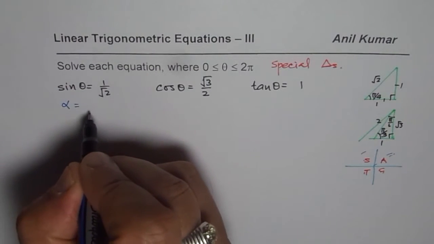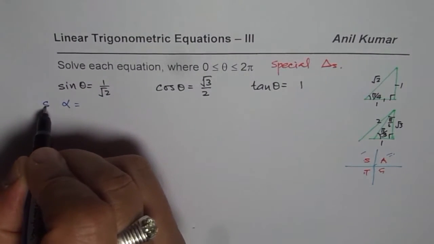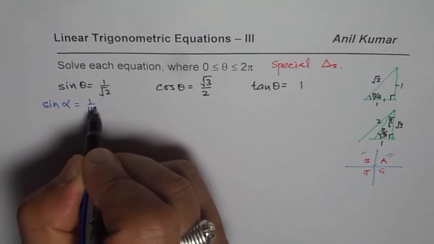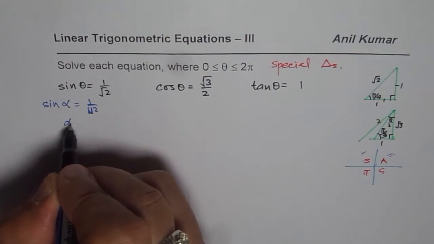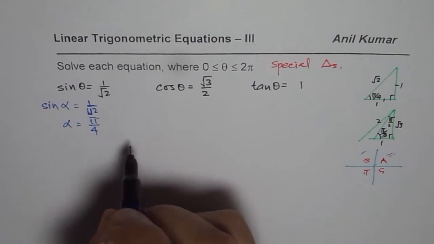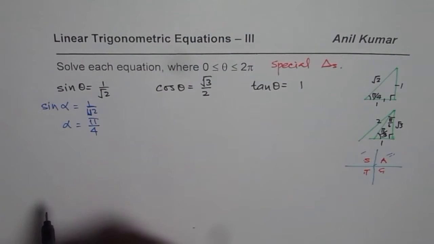So we say alpha, so basically we always write this as sine alpha equals 1 over square root 2. And then we say alpha is pi by 4. So alpha is the acute angle. So first find the acute angle.